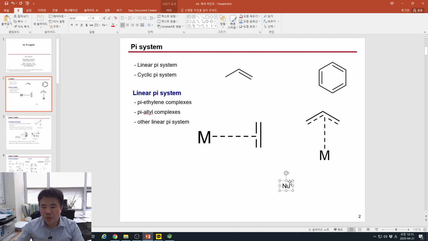So these nucleophiles can attack this carbon or this carbon. Due to the coordination of transition metal, the nucleophilic attacks are possible. Without transition metal, the nucleophilic attack is not easy, but by using coordination of transition metal, the nucleophilic attack is possible.